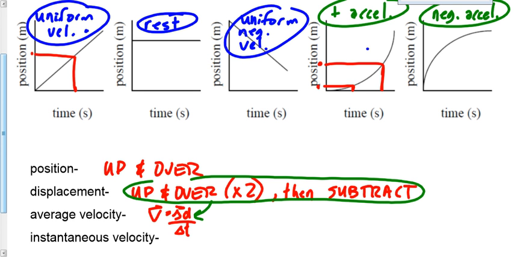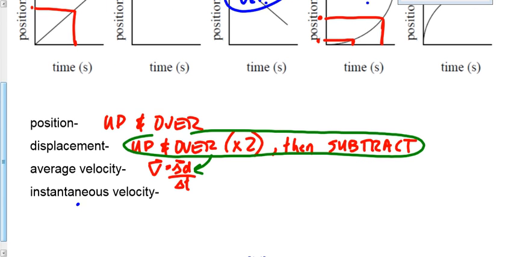So if I want to find the instantaneous velocity at 4 seconds, or the instantaneous velocity at 6 seconds, whatever. For now, we're just going to say how to do this if it's a straight line. If it's a straight line, then it's going to be the same as the average.